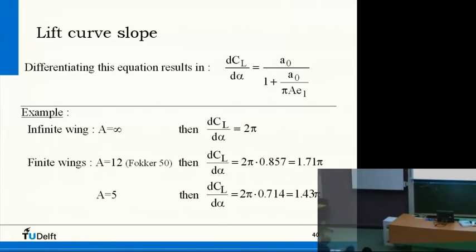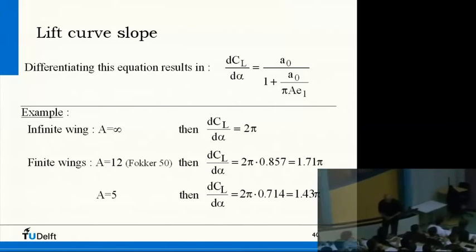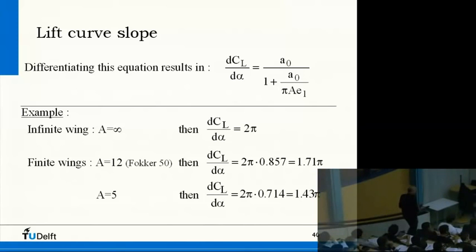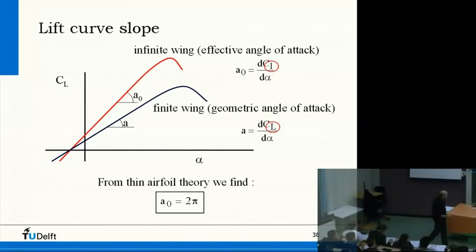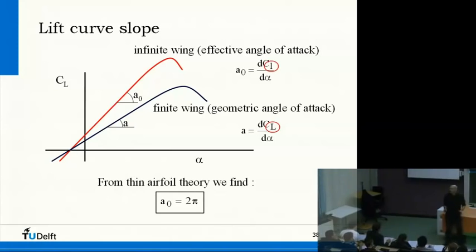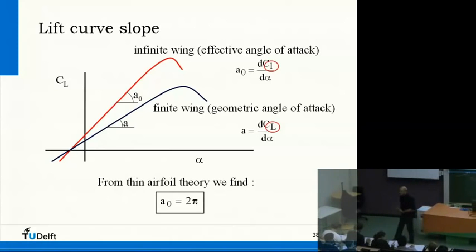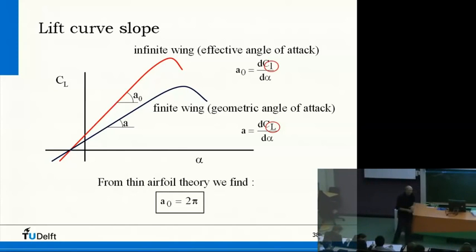There's a question. Why is A0 2 pi? That is thin airfoil theory. It goes a little bit too far to treat that here, but thin airfoil theory leads to, and then you calculate pressure distributions and stuff like that, and then you come to the conclusion that the lift curve slope is 2 pi.